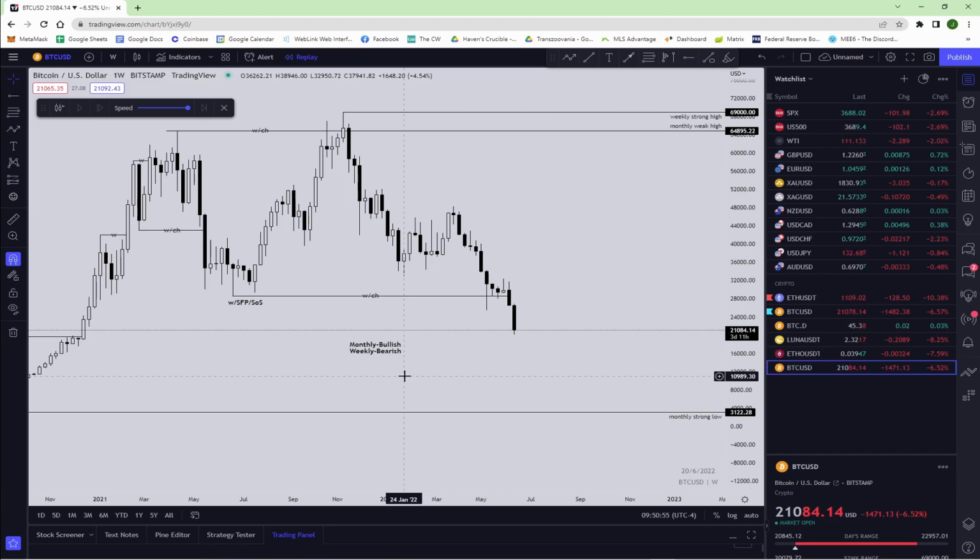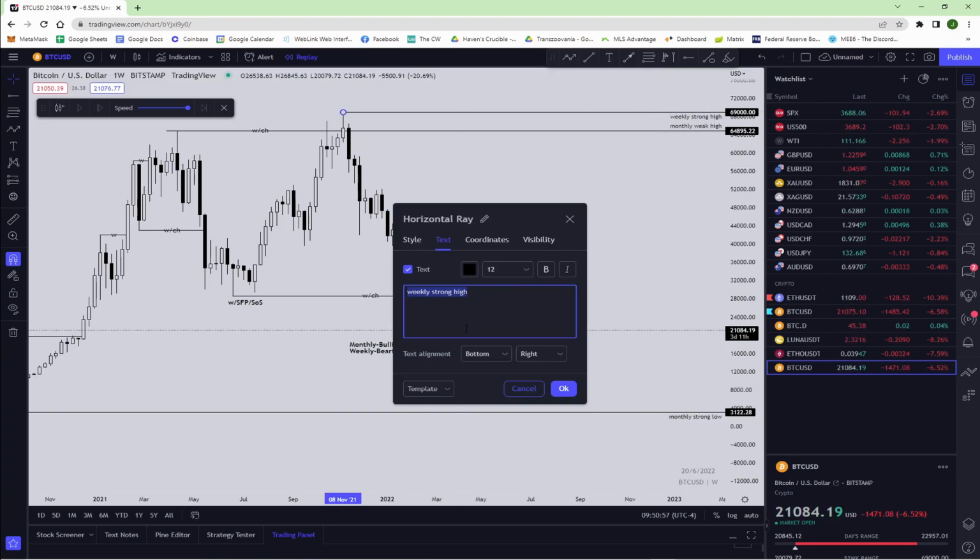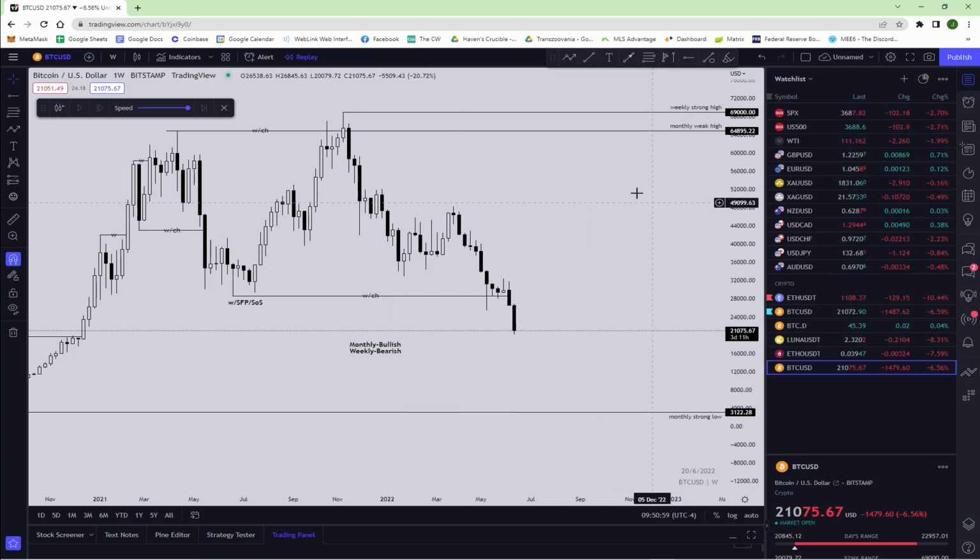And now, once again, we have a little bit of a confusing situation up here where we have a weekly strong high above a monthly weak high, which doesn't make a lot of sense, right? I mean, if you're thinking about it logically, we would expect the monthly to be broken, but the weekly not to be broken. But when this happens, I'm not necessarily going to try to trade right here.